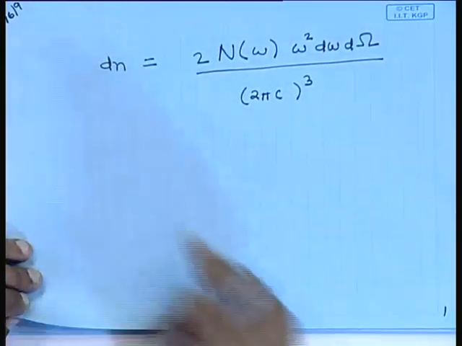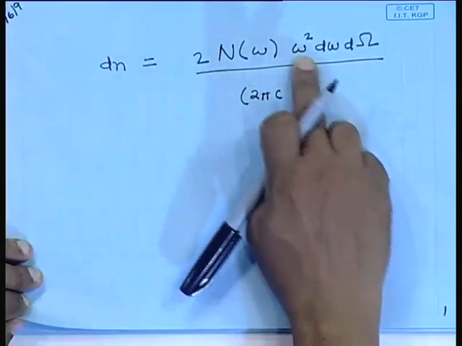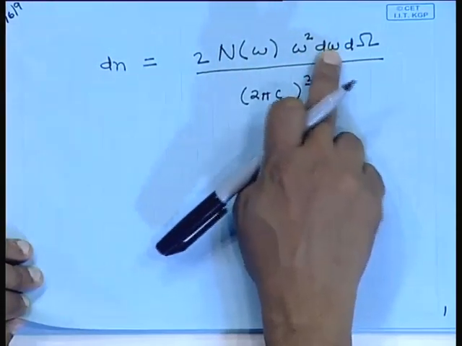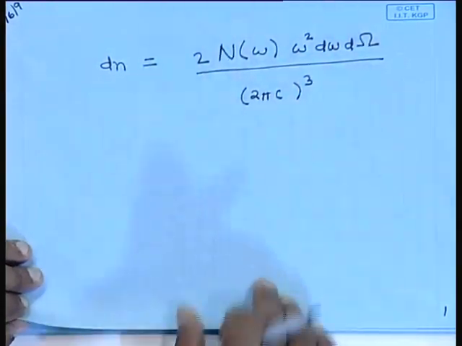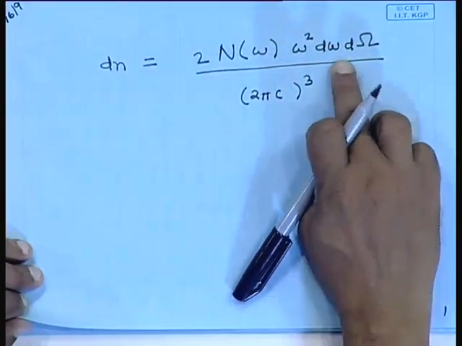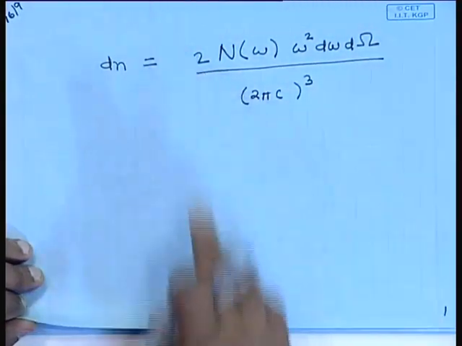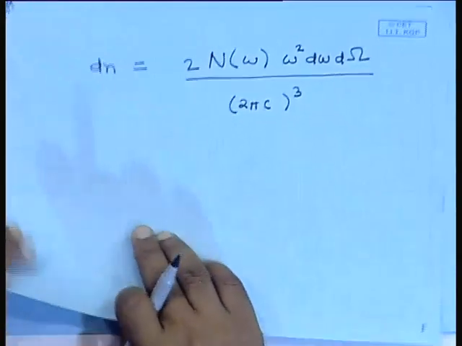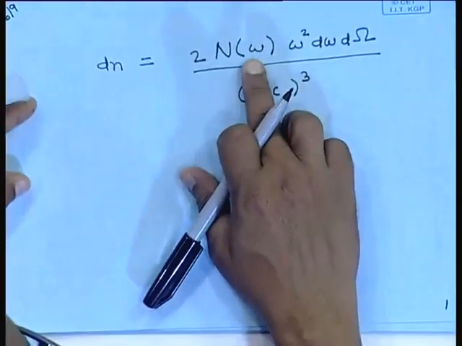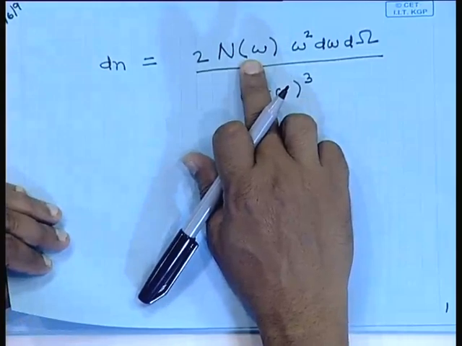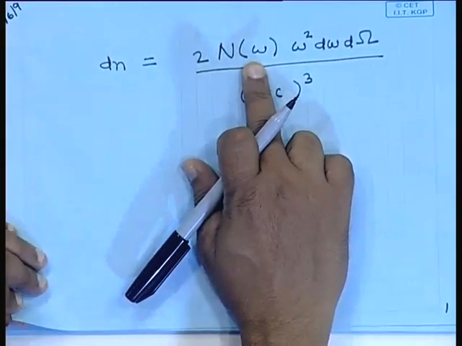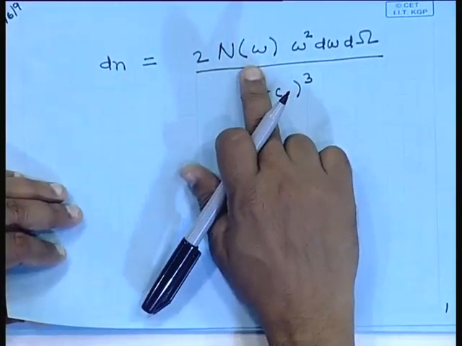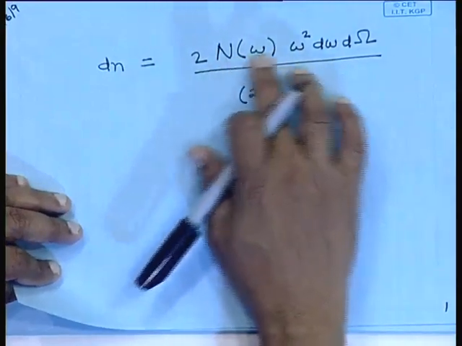We want the total number density, so you integrate over the solid angle, that gives you 4 pi. We will express this in terms not of the angular frequency, but of the momentum. It does not really matter, so we can as well express it like this.